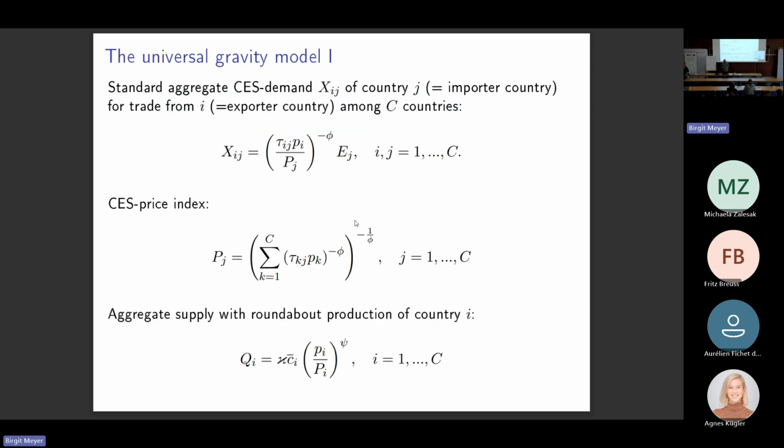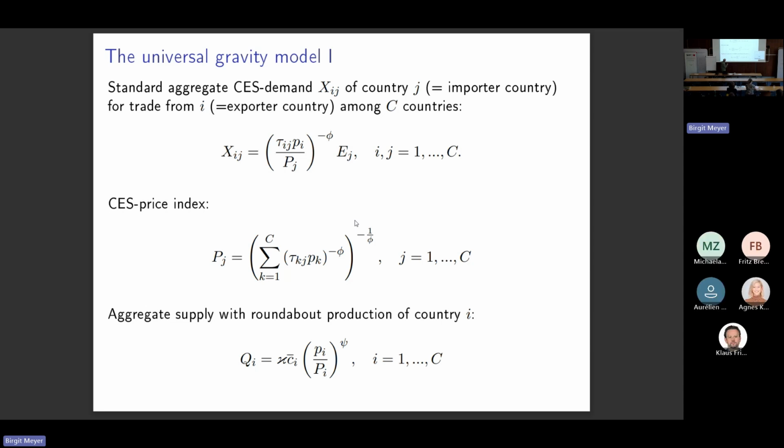What they do is they start out with a standard gravity model that is imposed by them as an axiom, an assumption, and that says the gravity model is the trade flow from I to J in values depends on, say, trade barriers, the price index, up to minus phi, and phi is a general demand elasticity that depends on the model you impose.